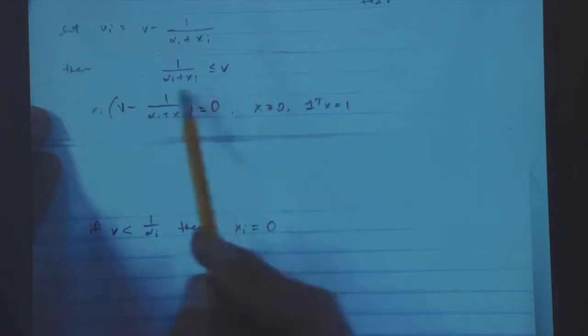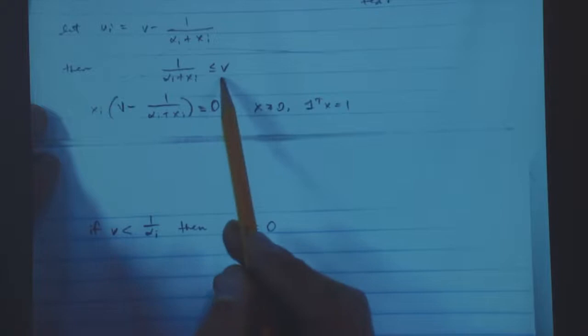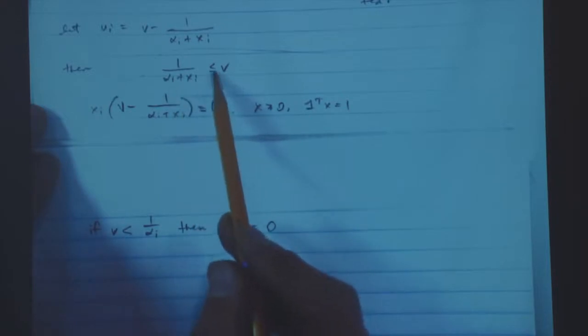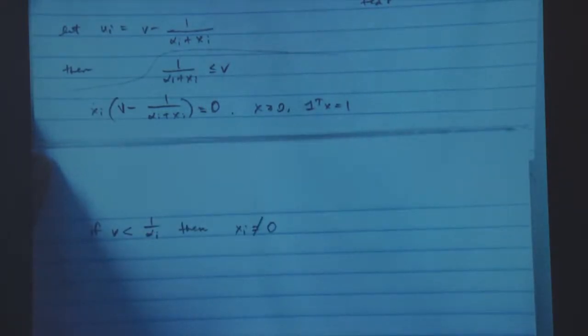Let's look at this set of equations here. First of all, that's not going to work, because this is telling us that if x_i were 0, we have to have v bigger than or equal to 1 over alpha_i, and we are assuming in this case that it's less than 1 over alpha_i, so it can't be equal to 0 because it would violate the transformed stationarity condition.